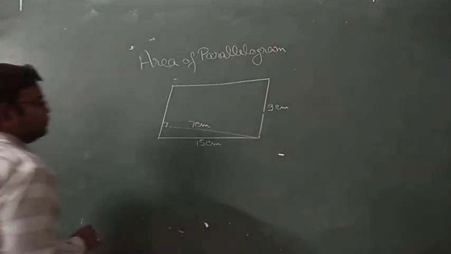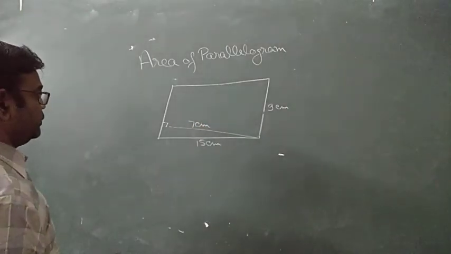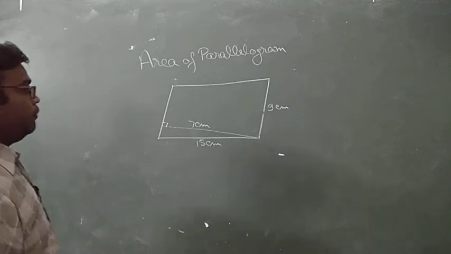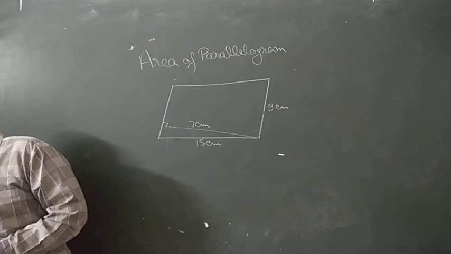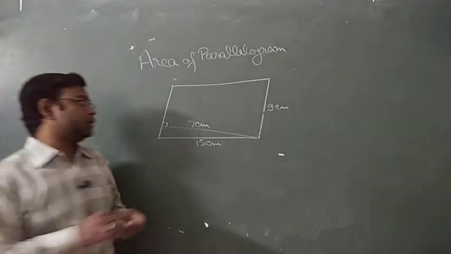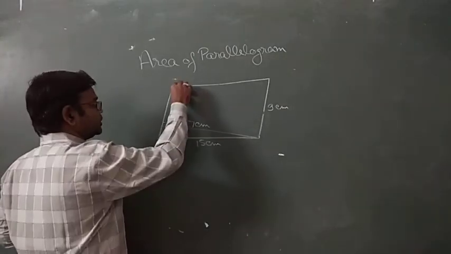Clear? Perpendicular distance is 7 centimeter. So we have to find out, the question is very unique. Find the distance between the longer side. We have to find out this distance.